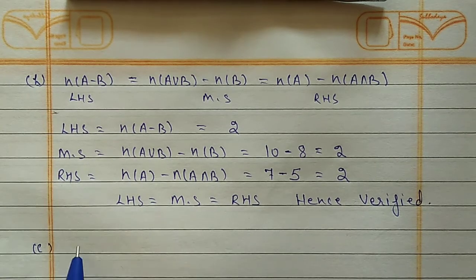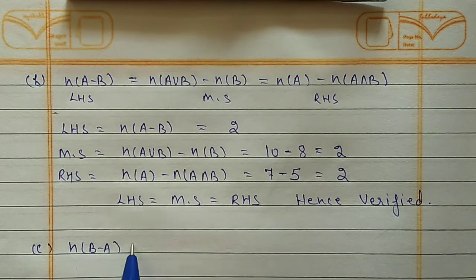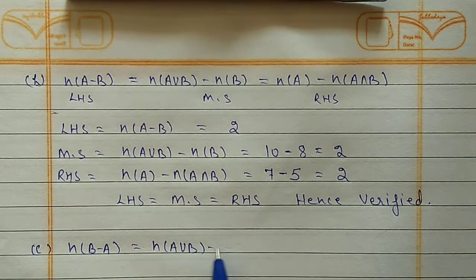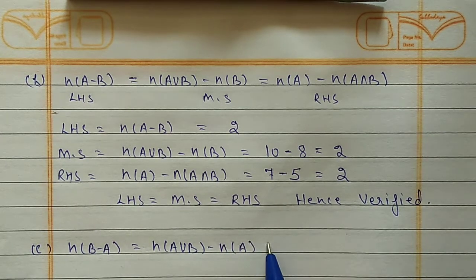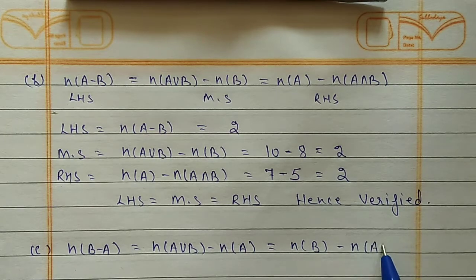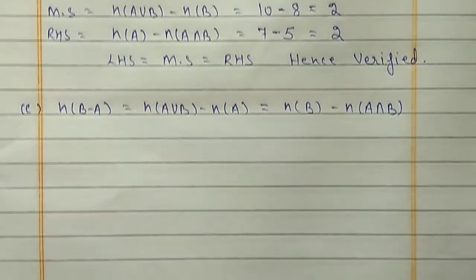Next, C part, we have to verify: cardinal number of B minus A is equal to n(A union B) minus n(A), equal to n(B) minus n(A intersection B). So like the B part, we have to do this one.